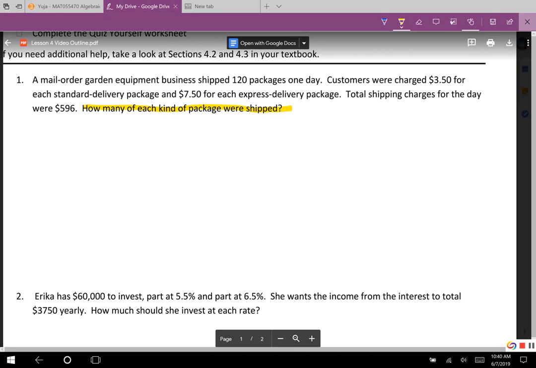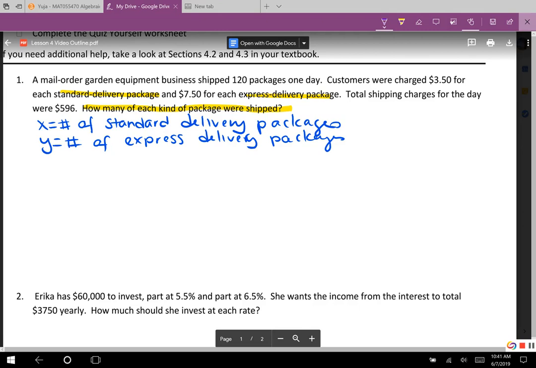How many of each kind of package were shipped? And so it looks like we have two different kinds. We've got the standard delivery and the express delivery. So I'm going to let X represent the number of standard delivery packages and Y the number of express delivery packages. Now, because I have two variables, two unknowns, I'm going to have to write two equations.